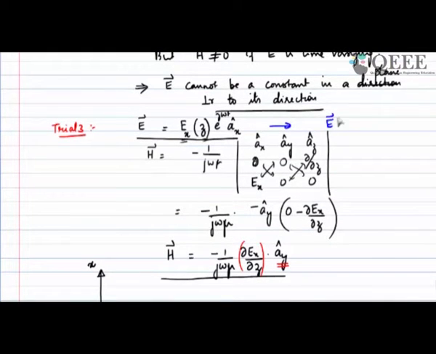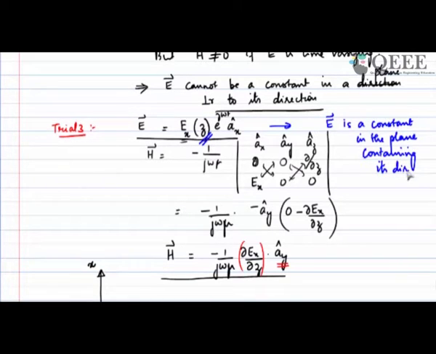and here the assumption is E is a constant in the plane, it's varying only as a function of z. It's constant in the plane containing its direction.